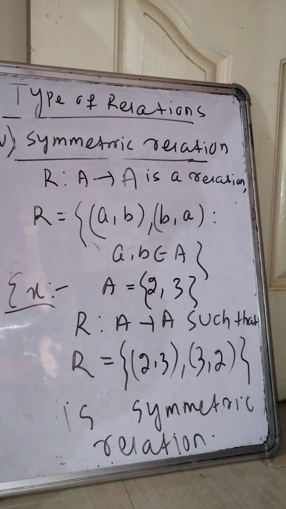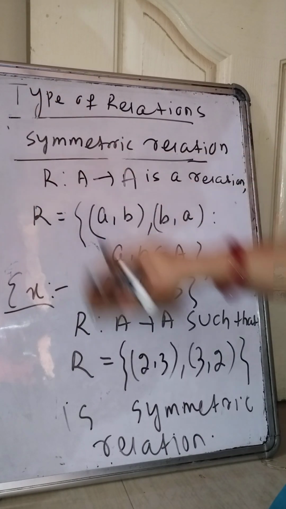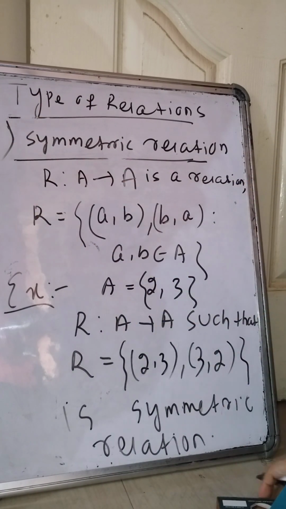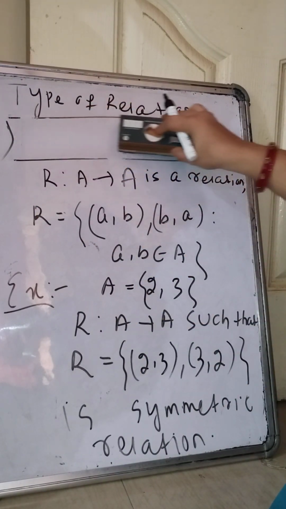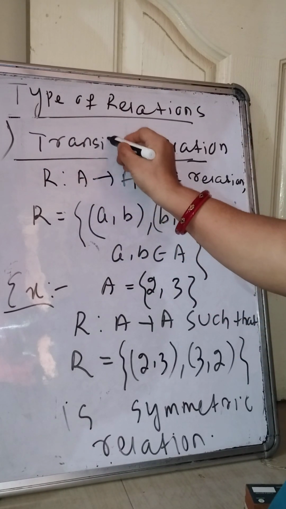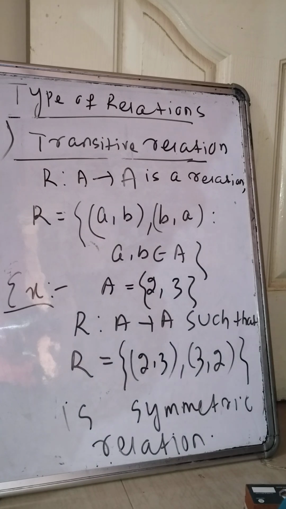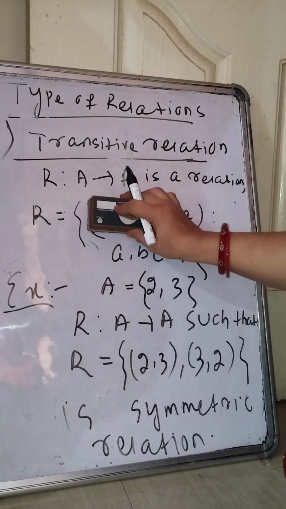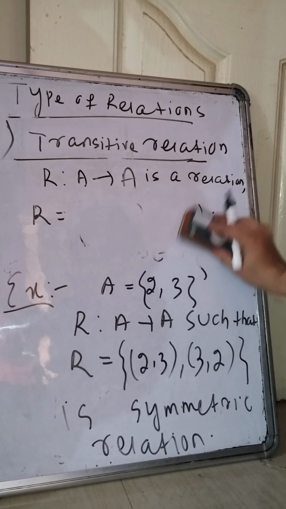Then after symmetric relation, let us define another type of relation, that is transitive relation. When is the relation R transitive?